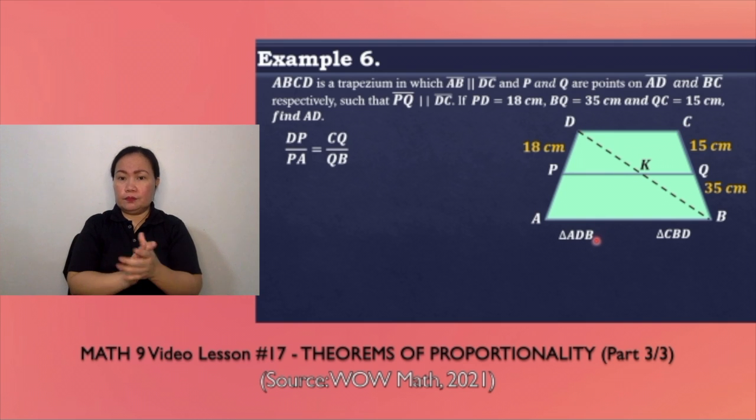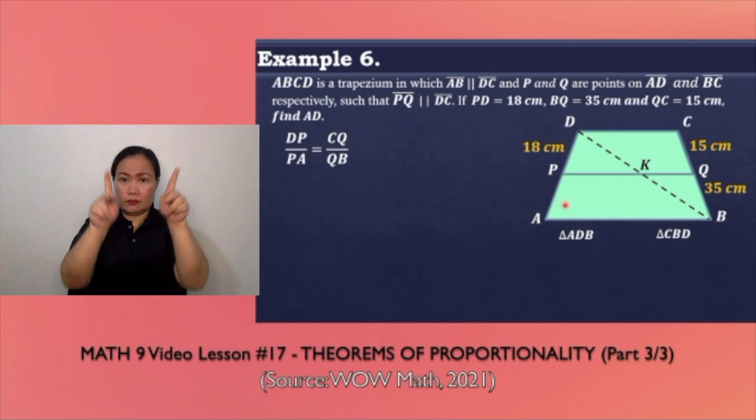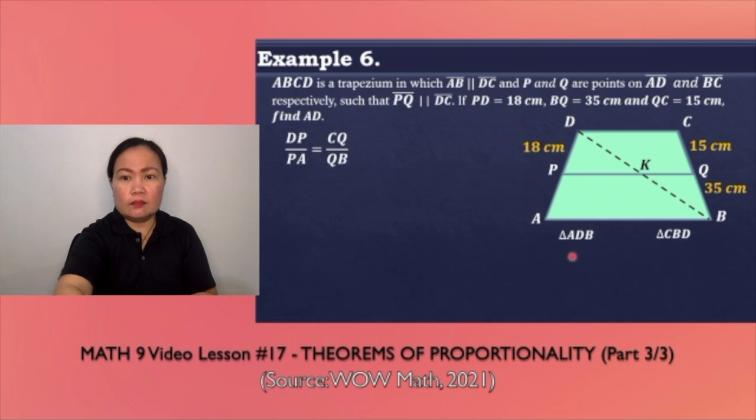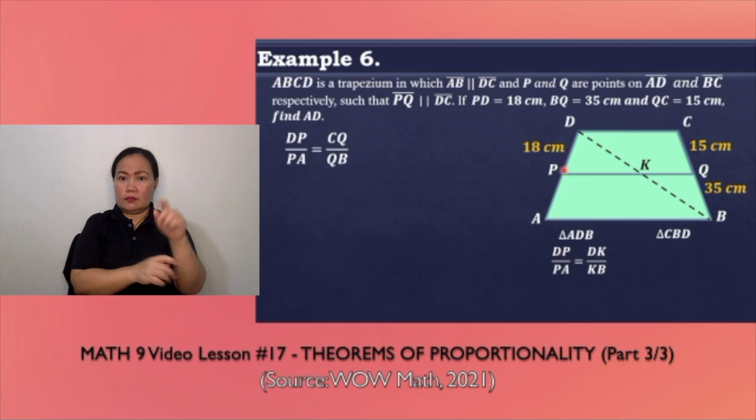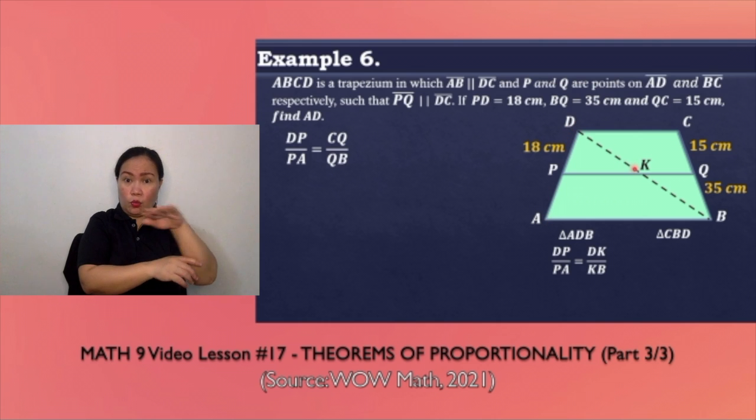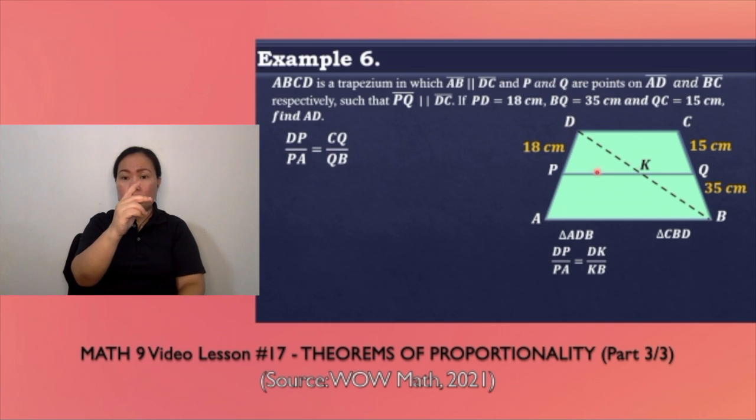From here, let's set up a proportion for each triangle. In the first triangle, we can use the proportion DP over PA is equal to DK over KB. This is just one of the proportions of the first triangle.